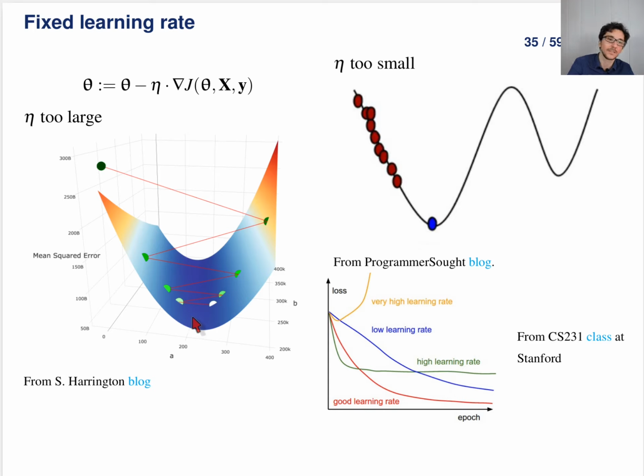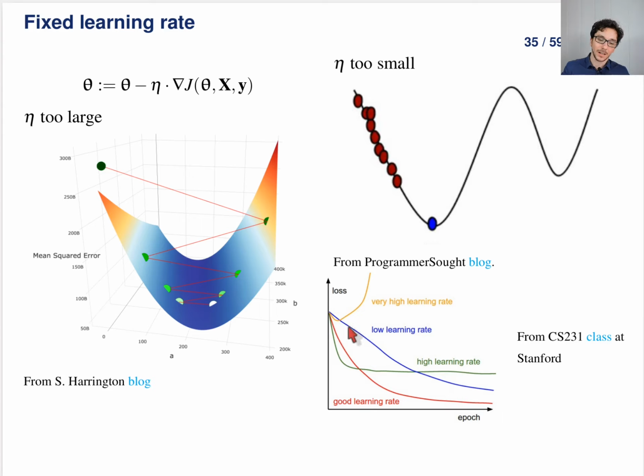And worse, if it is way too large, you will also jump away from the minimum. On the other hand, if the learning rate is too small, you will go toward the minimum, but you will go too slowly. So the best is to find the right learning rate.